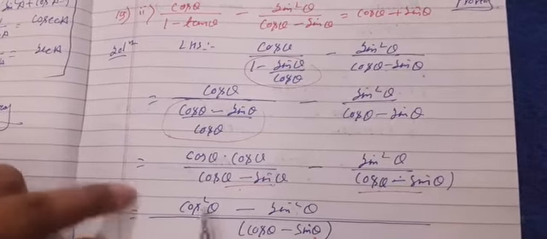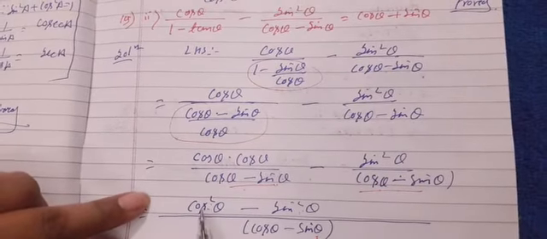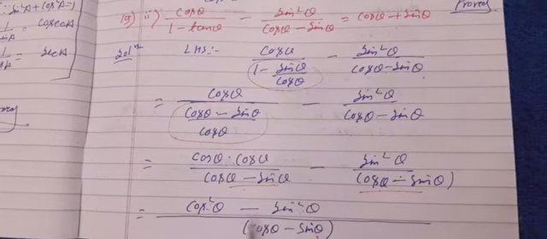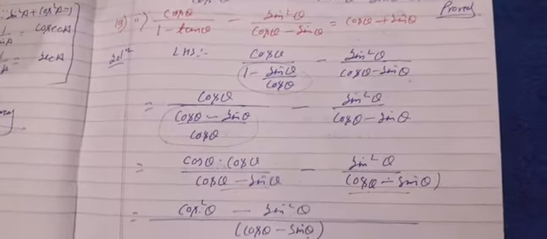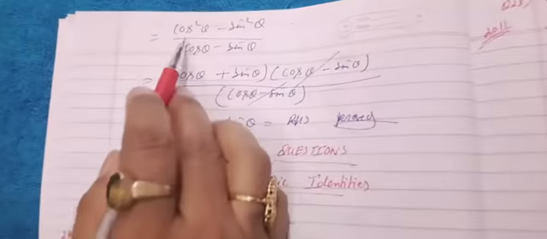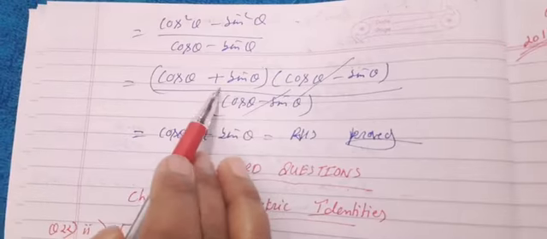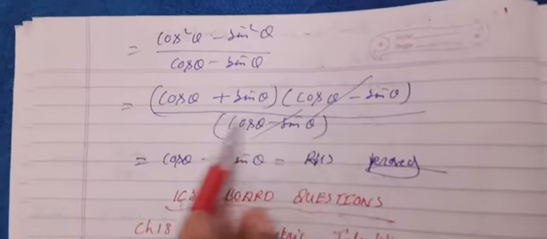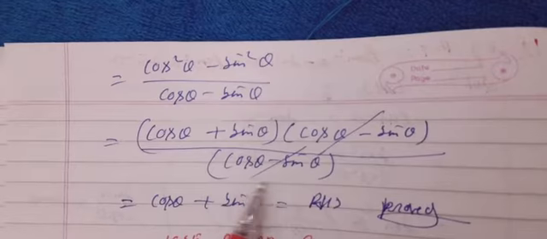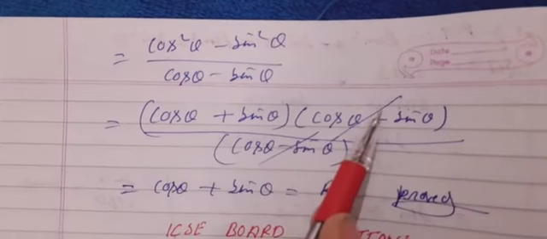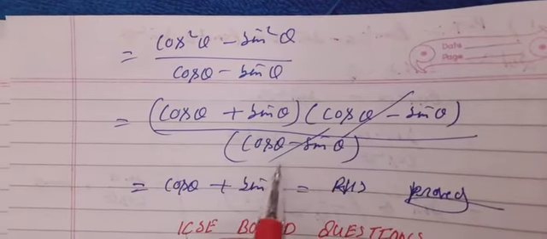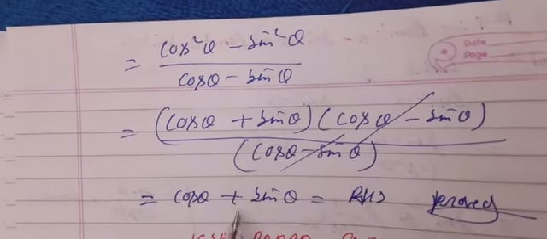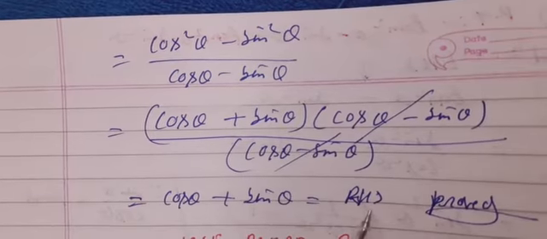Now here is a square minus b square, so I will write cos theta plus sin theta into cos theta minus sin theta, and the denominator is cos theta minus sin theta. So cos theta minus sin theta and cos theta minus sin theta both are cancelled. So the remaining thing is cos theta plus sin theta, that is equal to RHS.